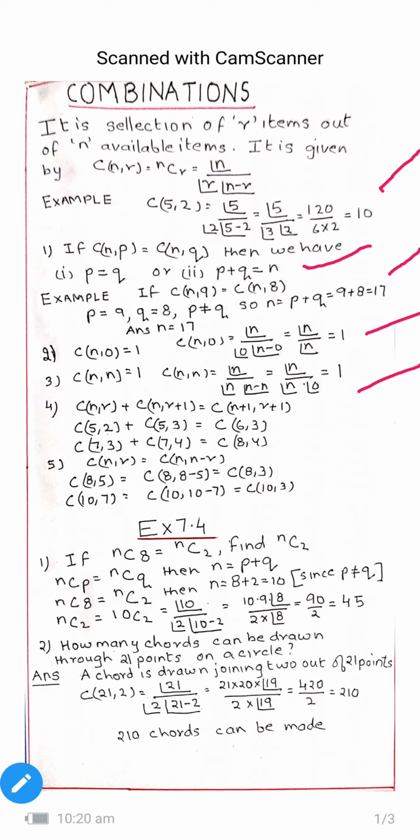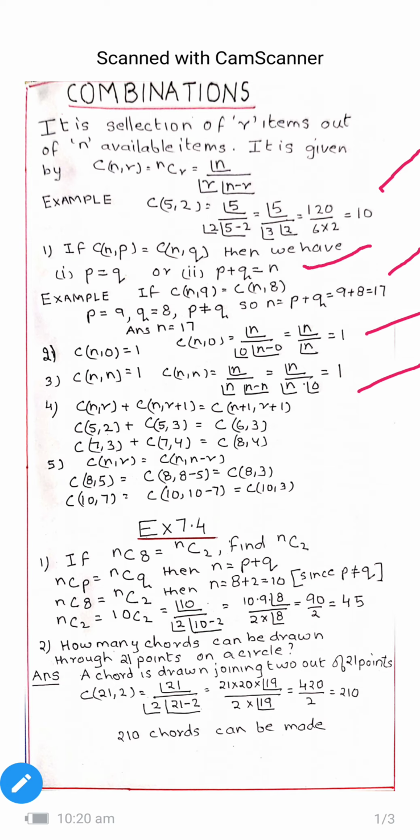What is nCr plus nC(r+1)? That is equal to (n+1)C(r+1). For example, 5C2. What is n? 5. What is r? 2. So plus 5C3, that is n is 5, r plus 1 is 3, is equal to 6C3.